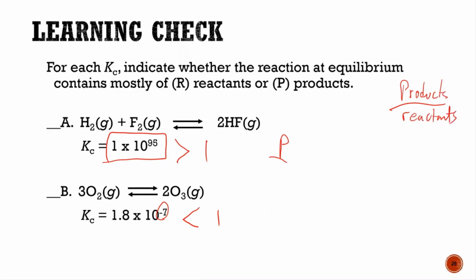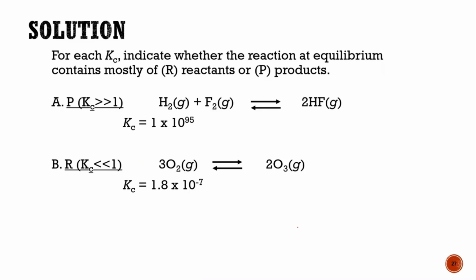So if this number is less than 1, I have a bigger denominator, means I have more reactants. And that's what this shows, right? So A is much bigger than 1, products are favored. B, right? It's much smaller than 1, so my reactants are favored.